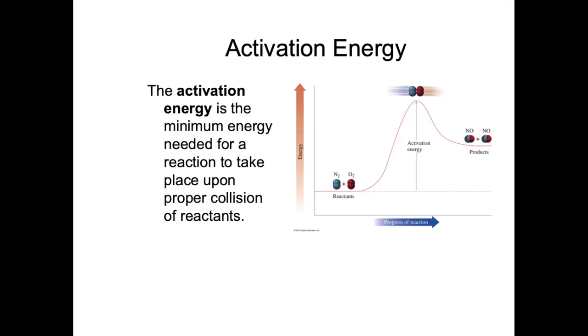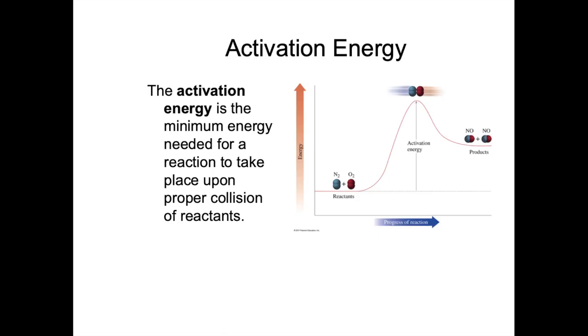We've actually seen activation energy way back in chapter 8 when we looked at the energy tied into reactions. When we looked at exothermic and endothermic reactions, I pointed out there was a bump in our reaction coordinate diagram, and I mentioned that I would explain it in a later chapter. Well, this is that chapter.